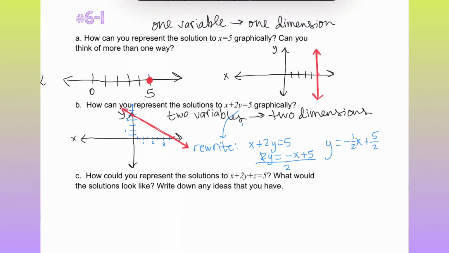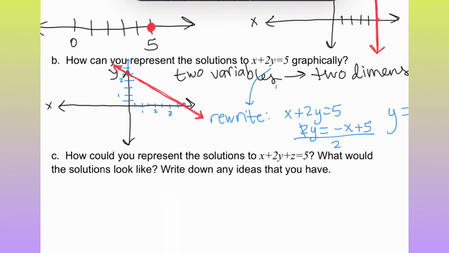And our last one, how can you represent the solutions x plus 2y plus z equals 5? What would the solutions look like? Write down any ideas that you have.